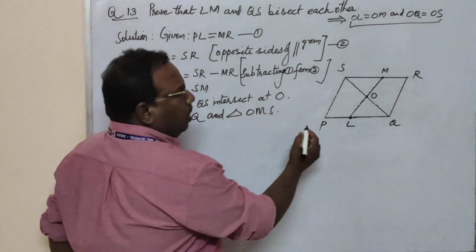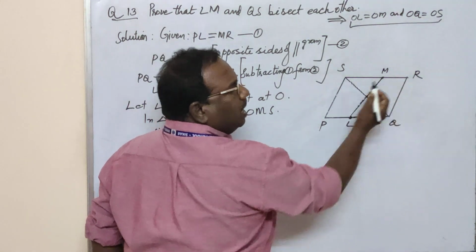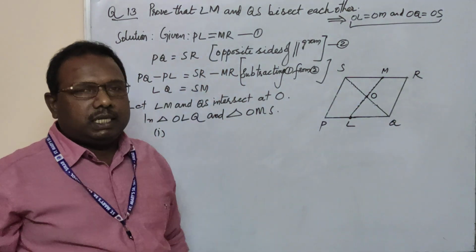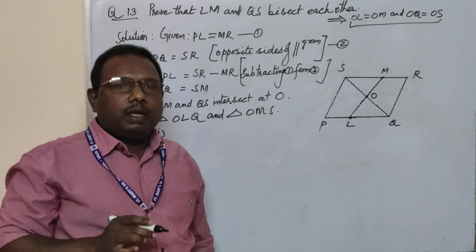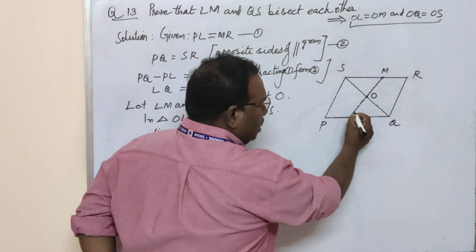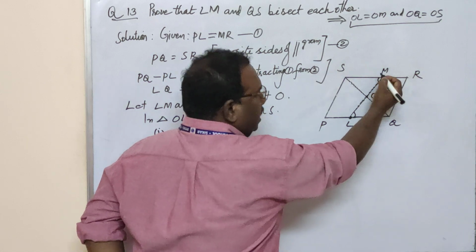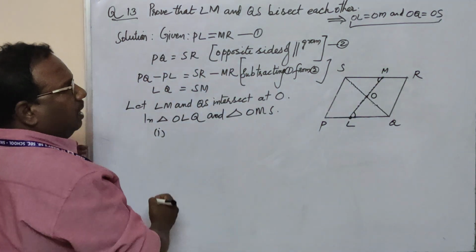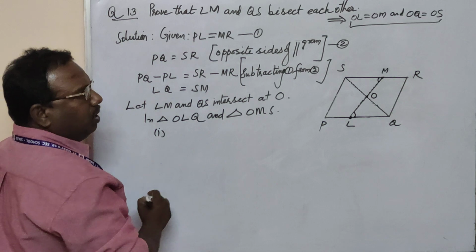PQ is parallel to SR because PQRS is a parallelogram. Therefore, opposite sides are parallel. That means alternate angles are equal.